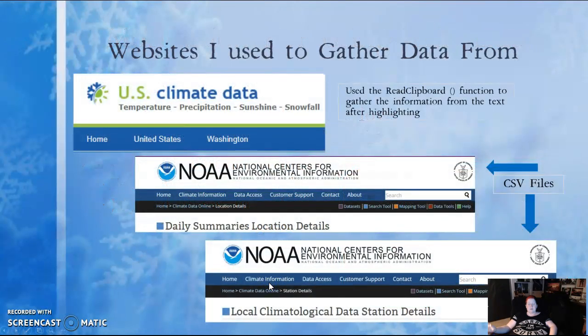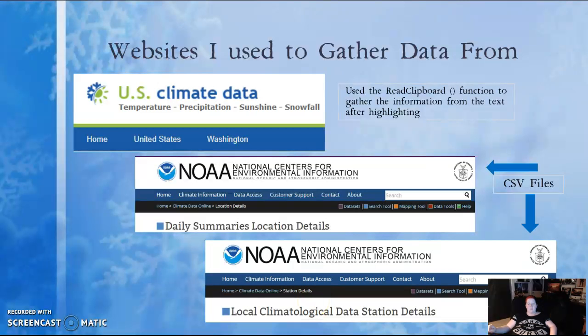The websites I used were US Climate Data, and for this one I had to use the read clipboard function to highlight the text and transport it into R that way.